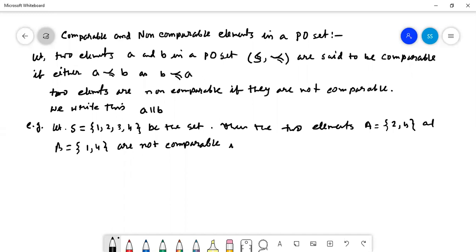In the PO set P(S), the power set of S means all the subsets of S. So A is not a subset of B as well as B is not a subset of A. So here A and B are non-comparable.